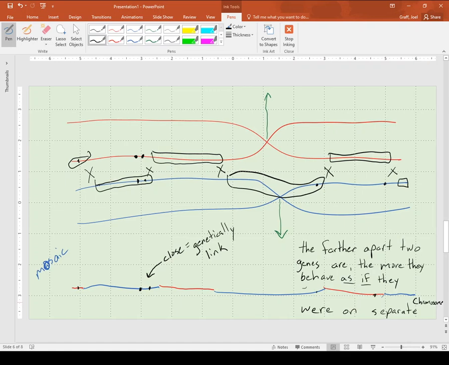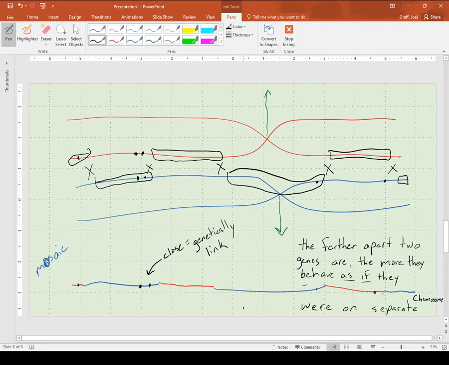I didn't leave myself enough room to write chromosomes, but you get the point. So if genes are very close together, they're genetically linked. If they space out a little bit, had these genes been here and here, they would not have been kept together on the same chromosome. So anyway, that's the point of that.